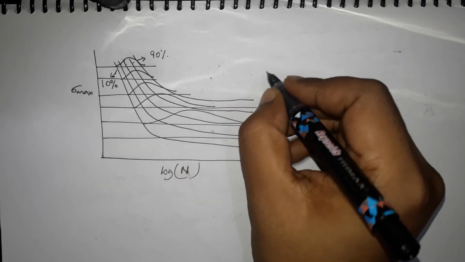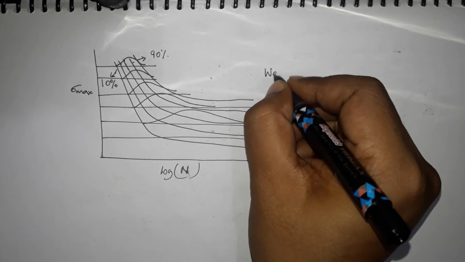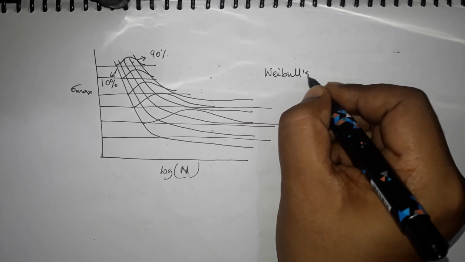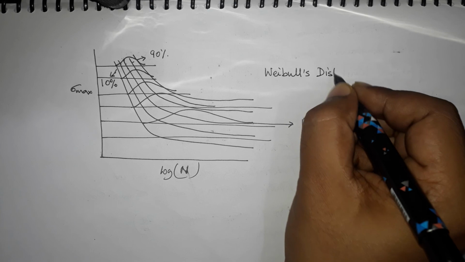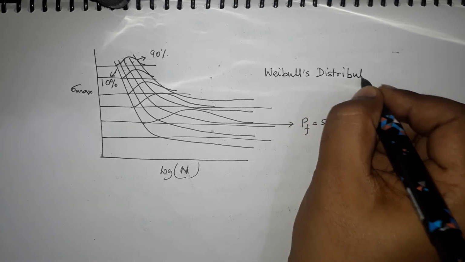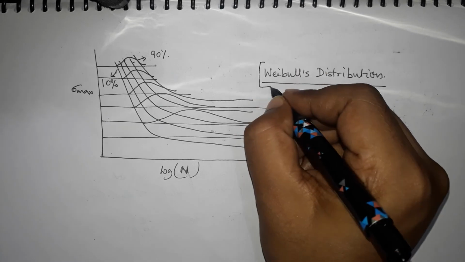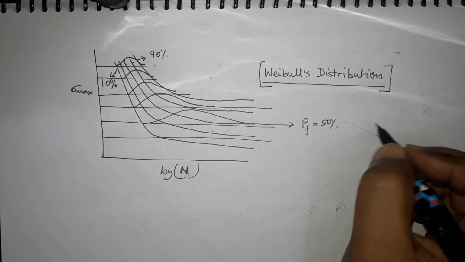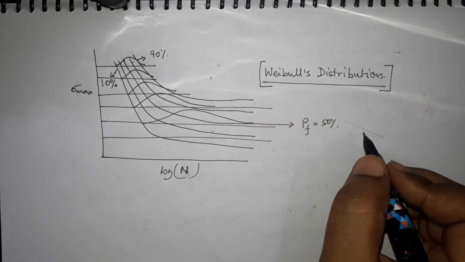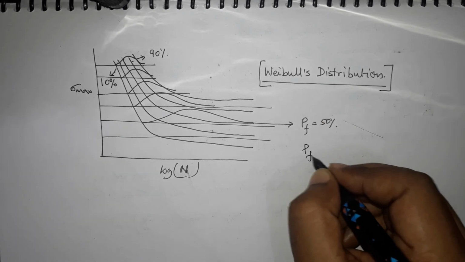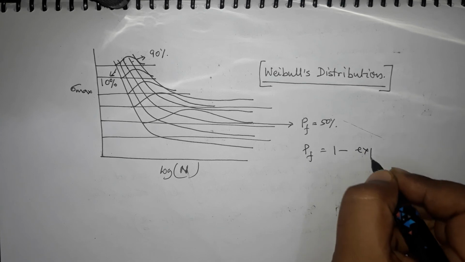And again, in fatigue also, the probability equation of Weibull's distribution is generally used. We have discussed this Weibull distribution when we described brittle fracture probability, and similarly we use the same. So Weibull's distribution function is simply this.